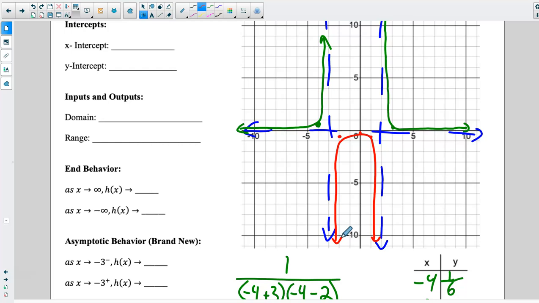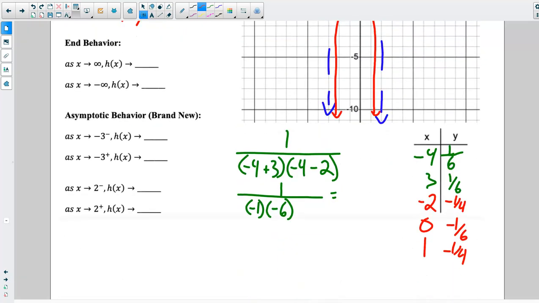Domain, range, what are they? X can't be what? Negative 3 or 2. Y can't be 0. Okay. Let's talk about these pieces right here. I'm skipping the intercepts. Not too worried about those.